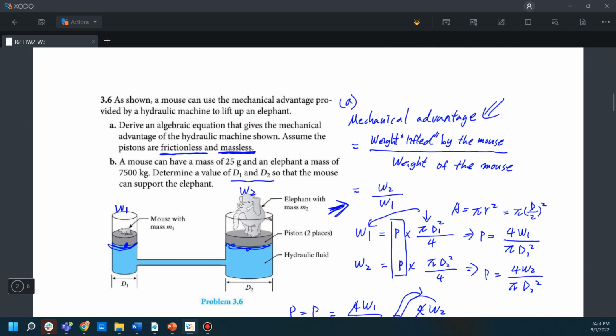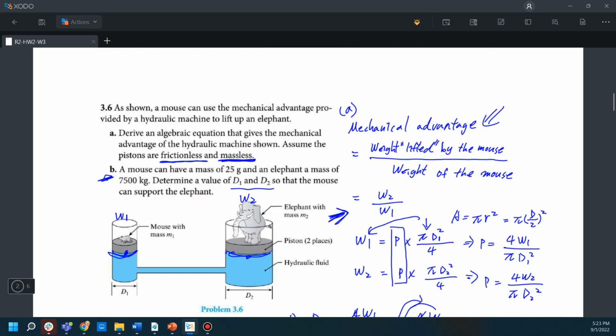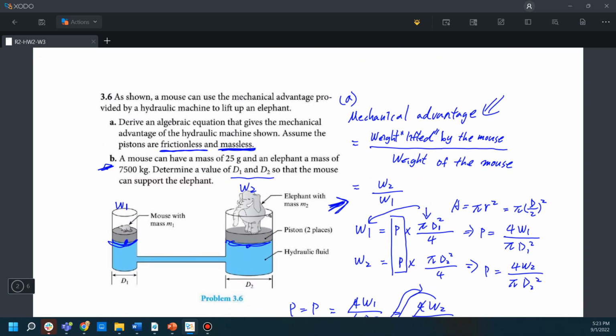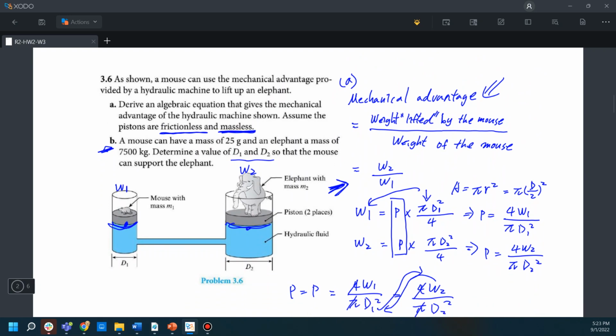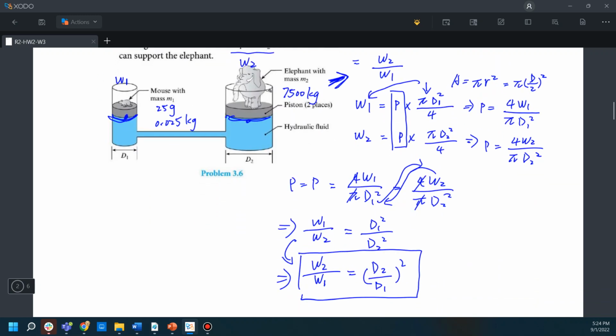And for the second sub-problem, we want to give a value of D1 and D2, because we already know the mass of the mouse is equal to 25 g, which is 0.025 kg, and the mass of the elephant is equal to 7,500 kg. So we actually know W2 and W1 already.